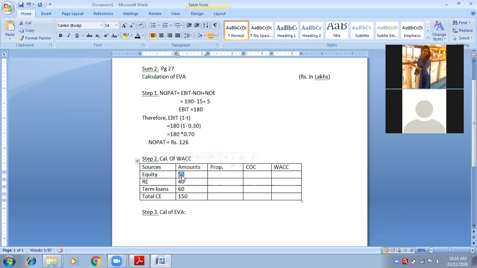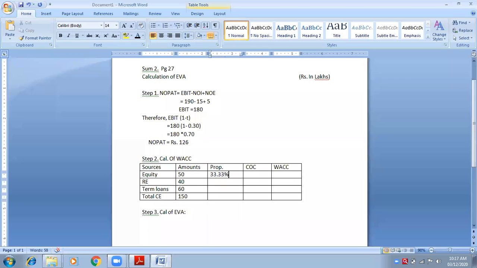If I am calculating for 50 for equity, it will be 50 divided by 150 into 100. So 50 is the equity amount, total amount is 150. So what is the proportion? 33.33 percentage. So you need to put percentage.